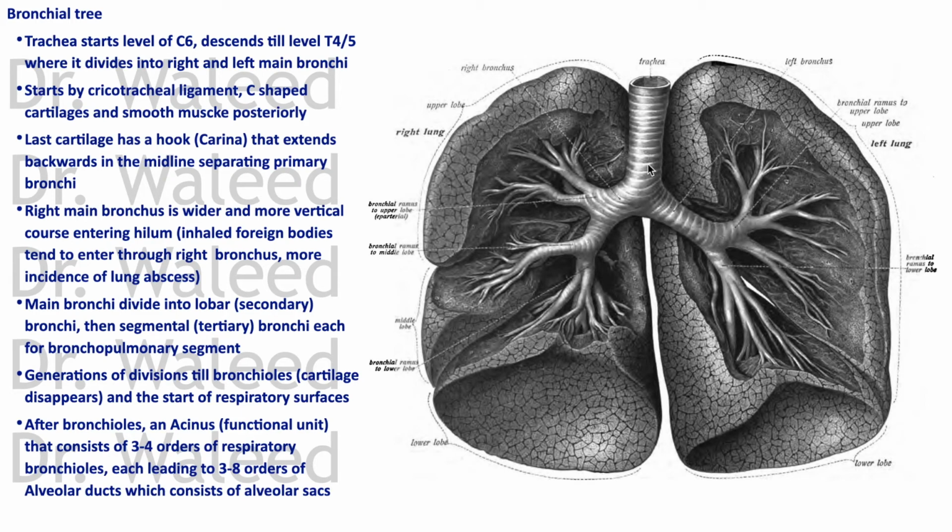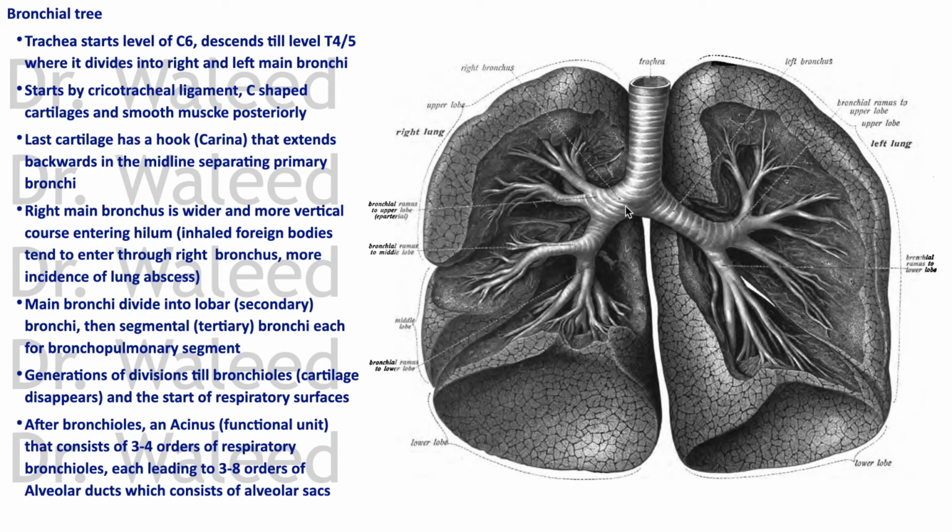This means that any foreign object that enters the trachea will most probably lodge into the right side. So the incidence of lung abscess in the right side is more common than in the left side because of the shape and direction of the main bronchi.